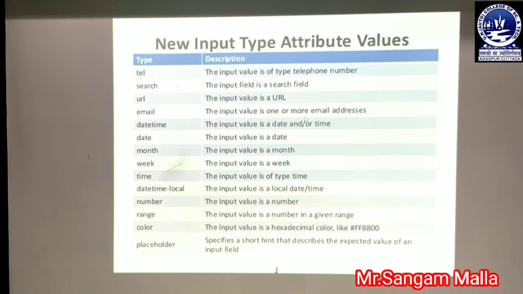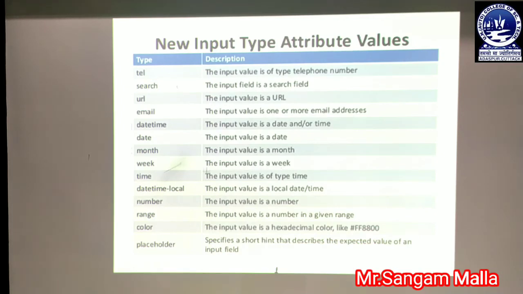Email is used to give one or more email addresses, that means the number of email addresses required in the form can be given by the email type of input. Similarly, the datetime attribute of input is used to give date or time. The date type of input is used to give a date. Similarly, month is used to give the specified month or the current month.